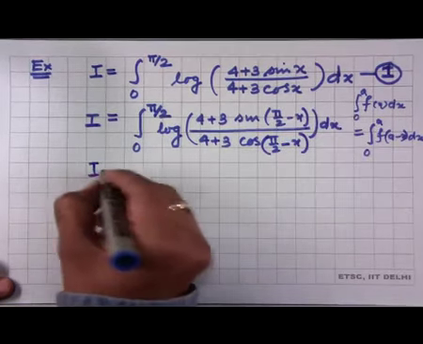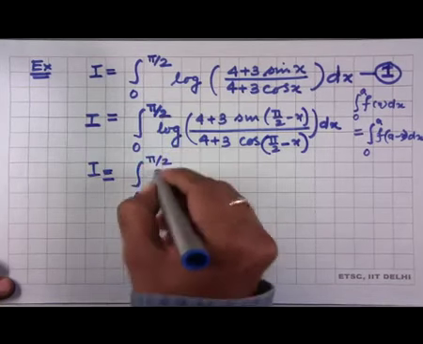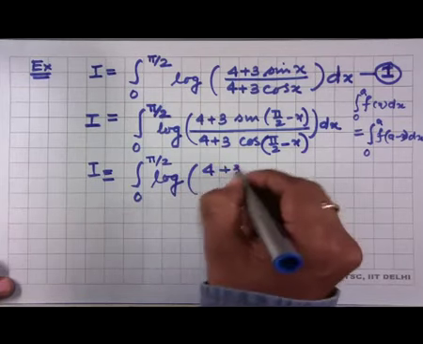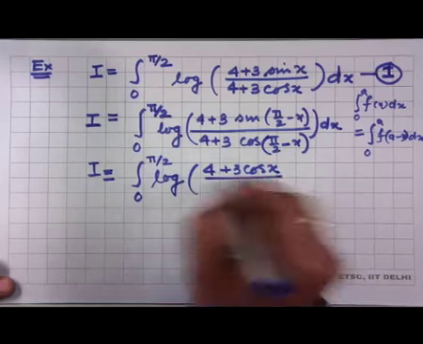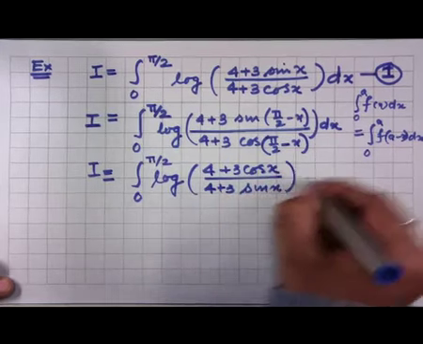So, I will be therefore equal to log of 4 plus 3 cos x by 4 plus 3 sin x dx.